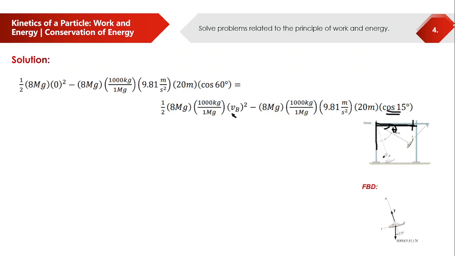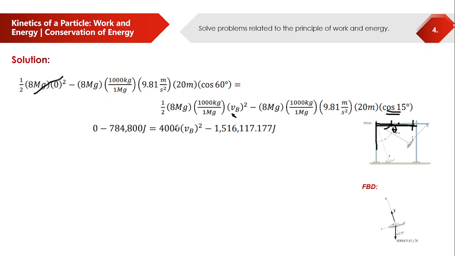So what is the distance from the datum line when it crashes, okay? So, that will be 0, minus 784,800 joules. Okay? So, it is equal to 4,000 V sub B squared.